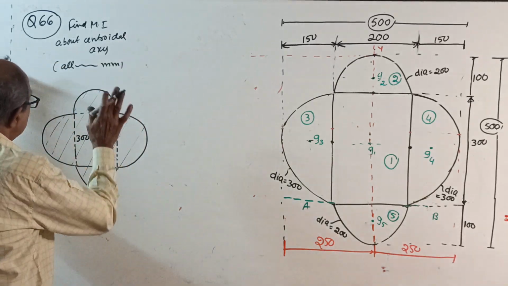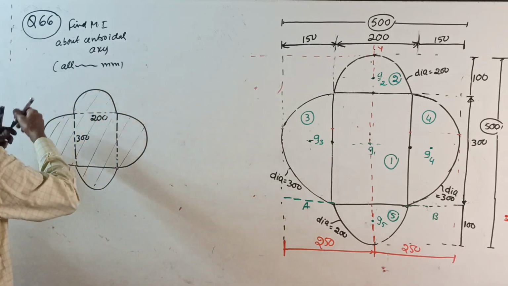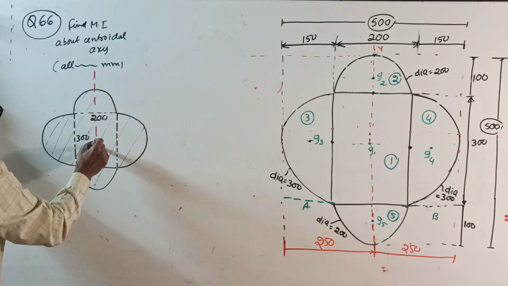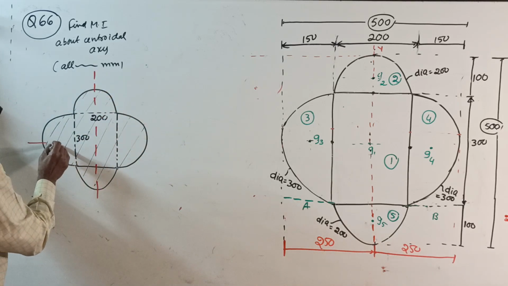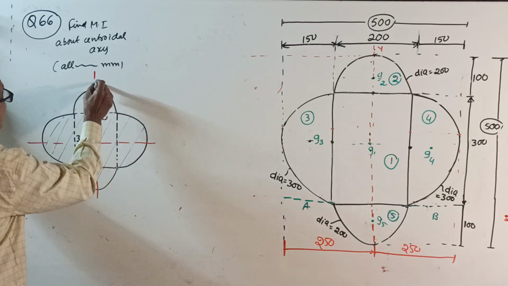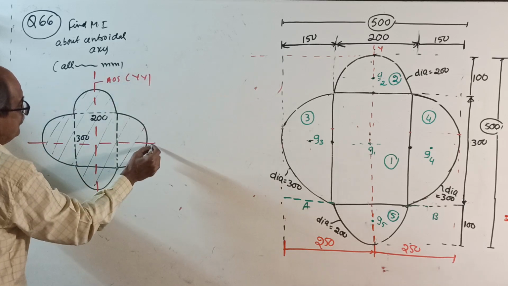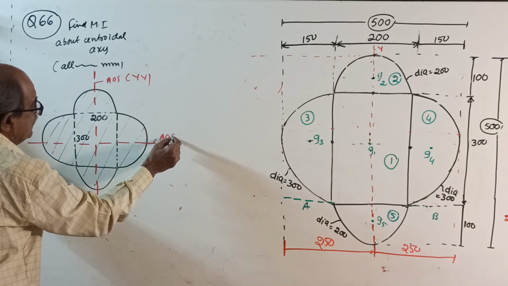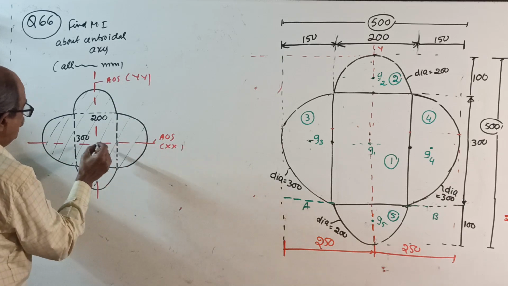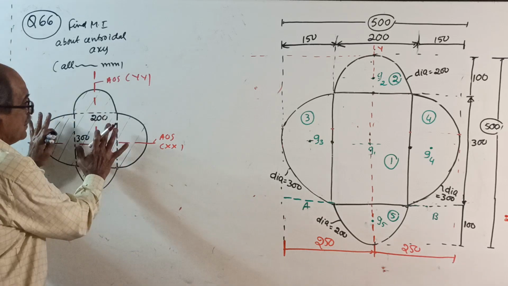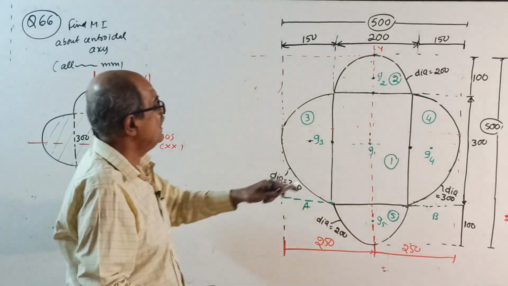Then write: this is perfectly symmetrical about both vertical and horizontal axis. Right here, this is the axis of symmetry, that is your YY axis. This is also an axis of symmetry, that is the XX axis. So the centroid will be here. Write this once again, then draw a neat sketch here.